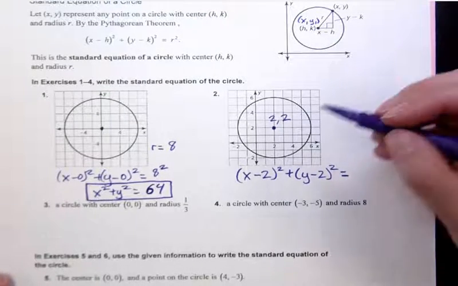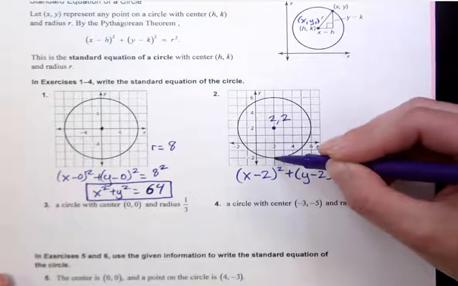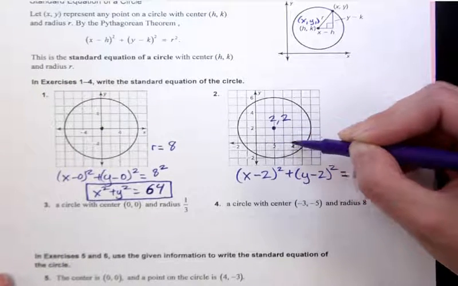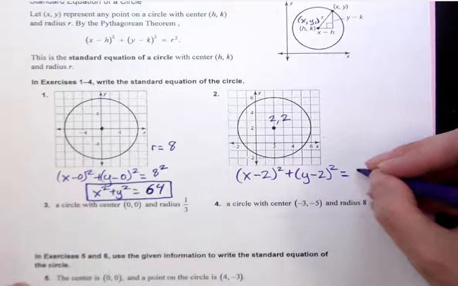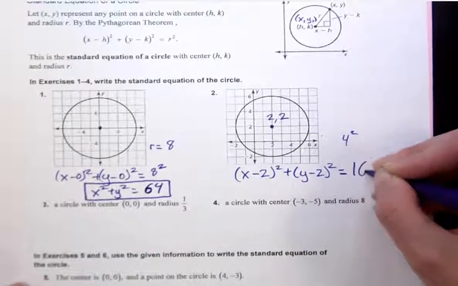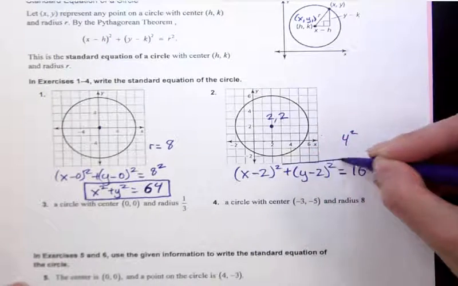You can count it out. Yeah, 4, right? This is 4 boxes again. This time we are counting by 1 because 2 boxes is 2, 4 boxes is 4. So what is 4 squared? 16. That's our answer. See how easy this is?